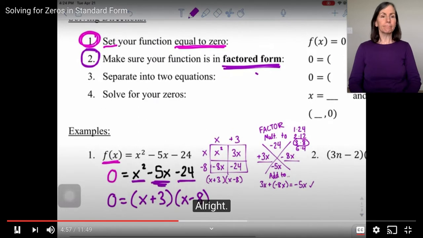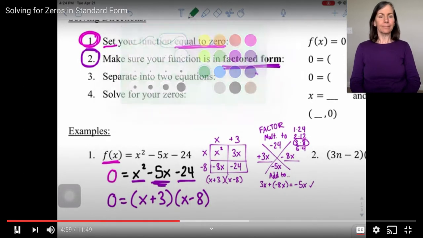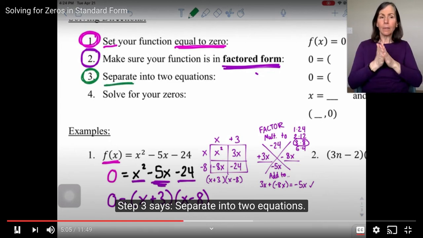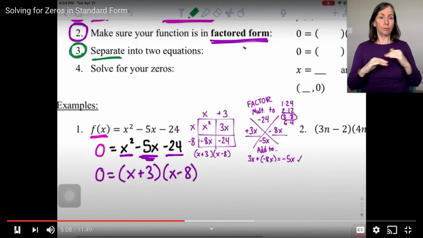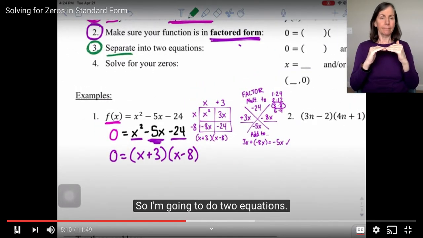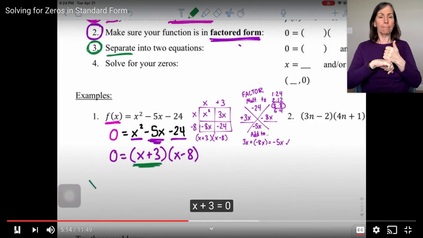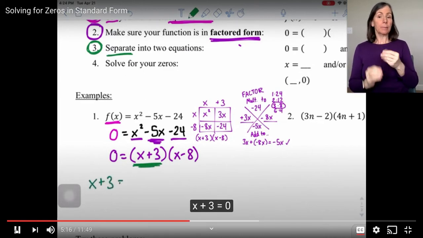All right. Step 3 says, separate into two equations. So I'm going to do two equations. I'm going to say x plus 3 equals 0.